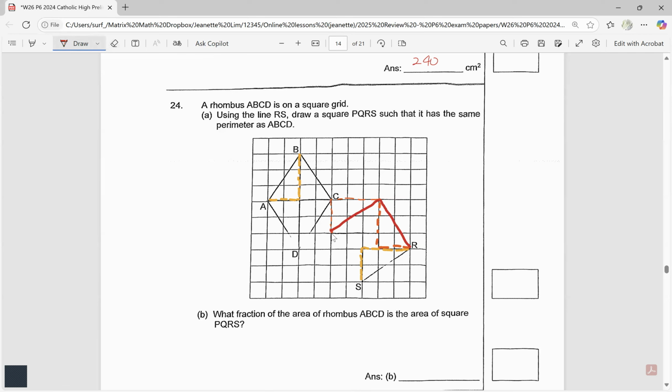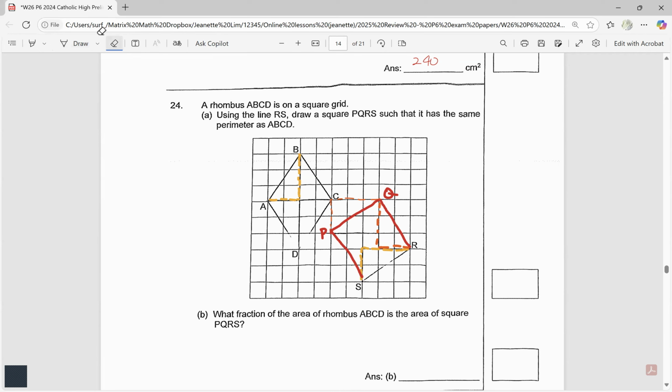Now you just need to connect this line here. Because they say it's PQRS, it has to go in order. PQR then S. If this is R, this is S, then this must be P, Q. So P, Q, R, and S.